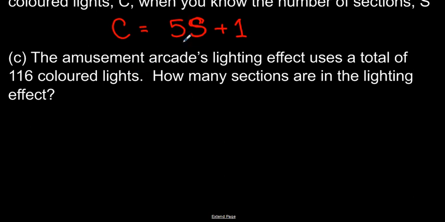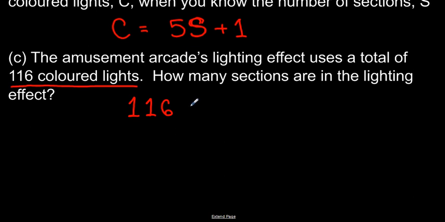So we're putting 15 in place of S. But this question says 116 lights. Okay, so that's C. So what we're going to do is put the number that we know, 116, into my formula.